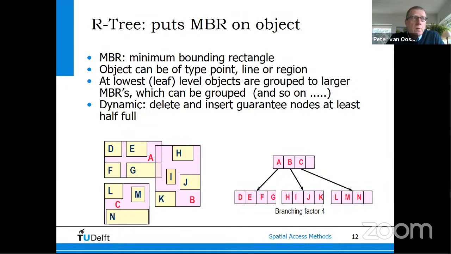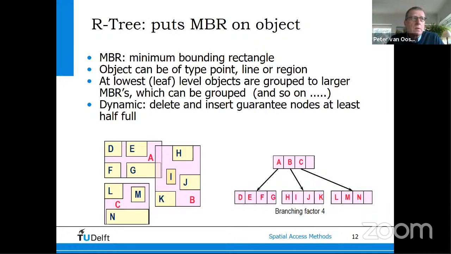The R-tree works really different in organizing spatial objects. It puts a minimum bounding rectangle for any type of objects. So it can be a line, a point, a region, it does not matter for the R-tree.